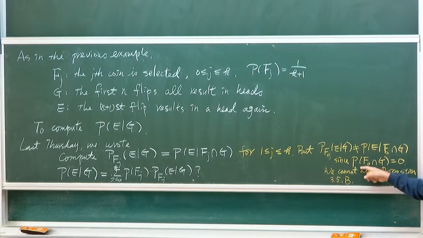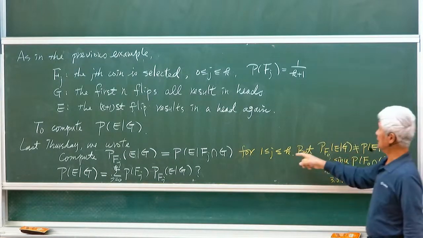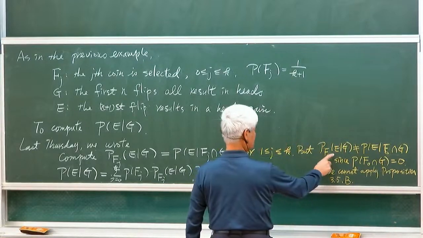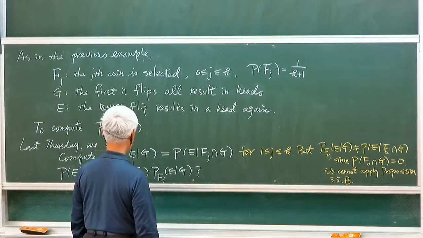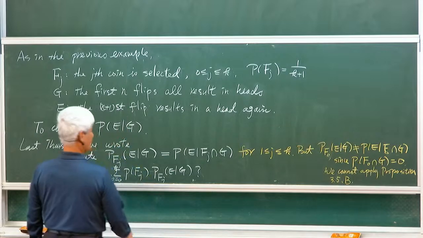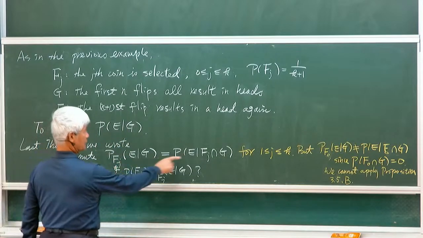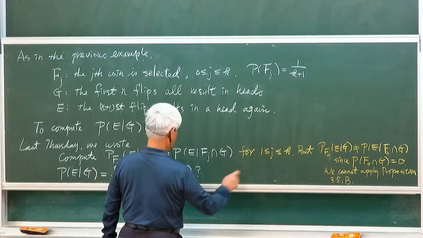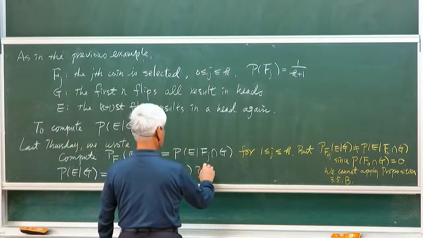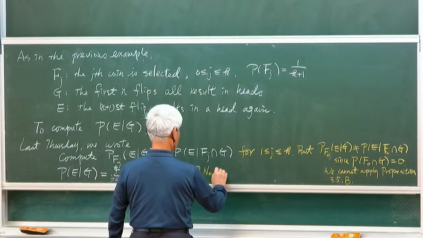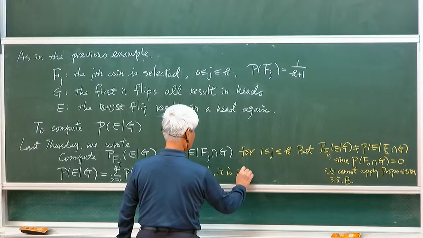Okay, so this is 0. So that's why when j equals 0, this is not true. Okay. All right, so this is true only for j from 1 to k. Now, for this identity, this is incorrect. No, it is incorrect.